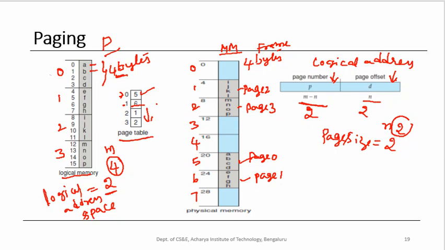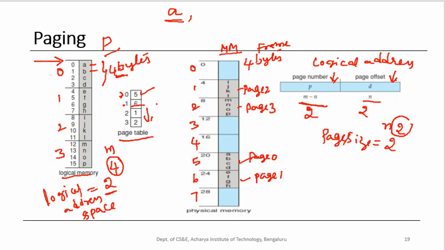Now let's see how accesses are made into the pages which are stored in the main memory. Let's assume that the central processing unit is trying to access A. What is the logical address generated by the CPU for accessing this A?